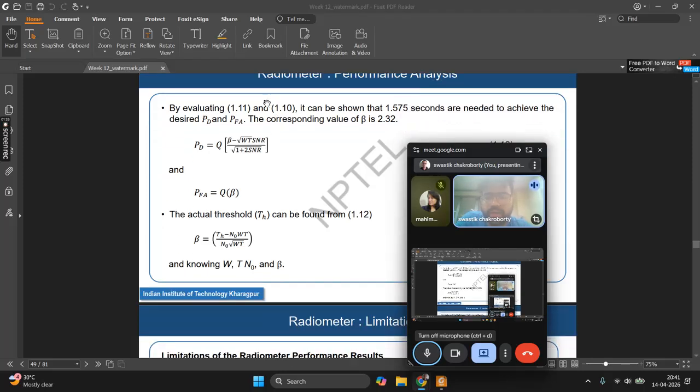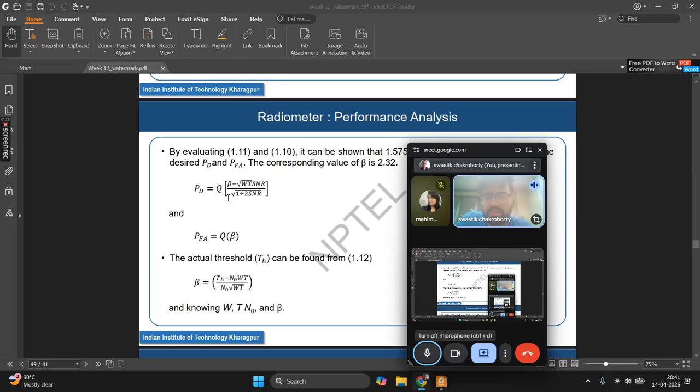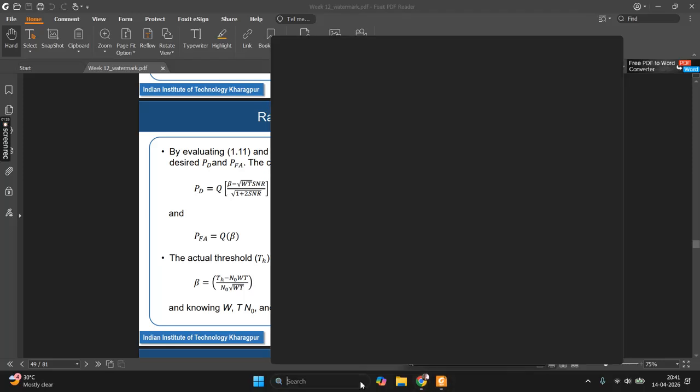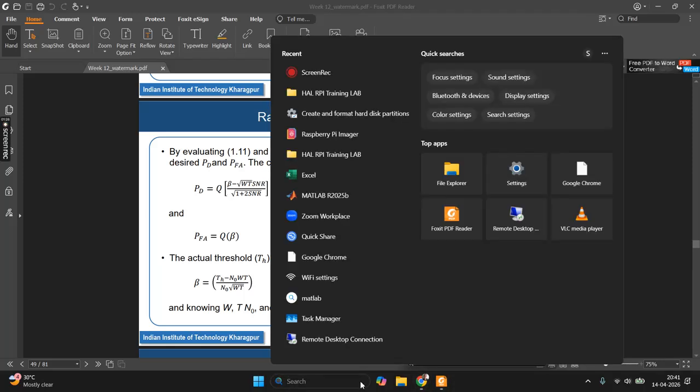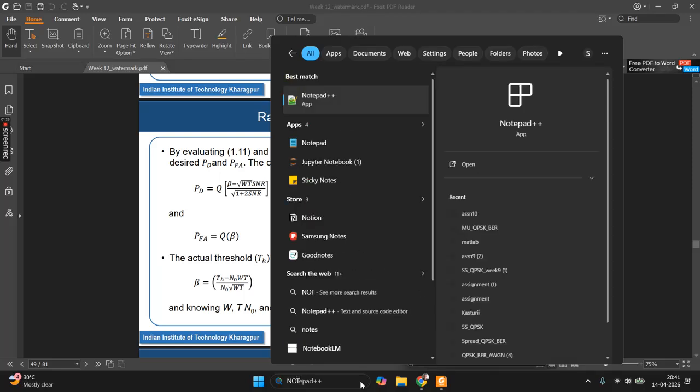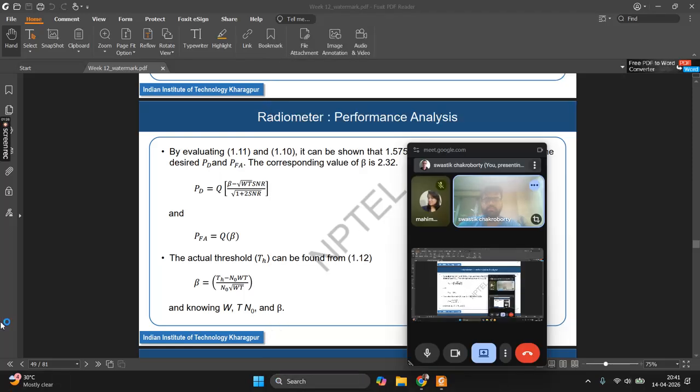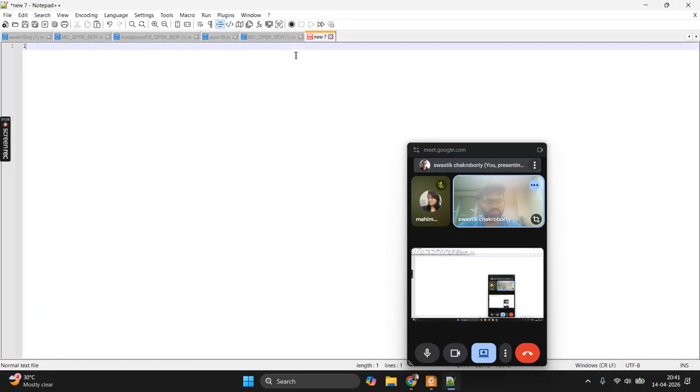So 10 to the power minus 2, so let's say we open Notepad. 10 to the power minus 2 is equal to PFA, which is equal to Q of beta.